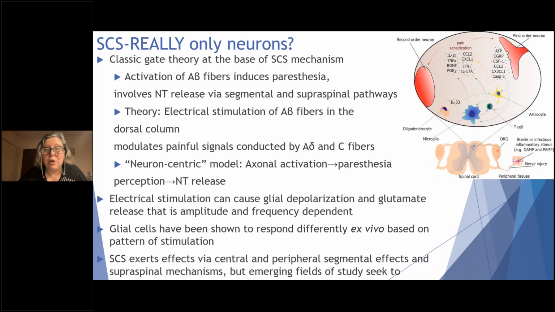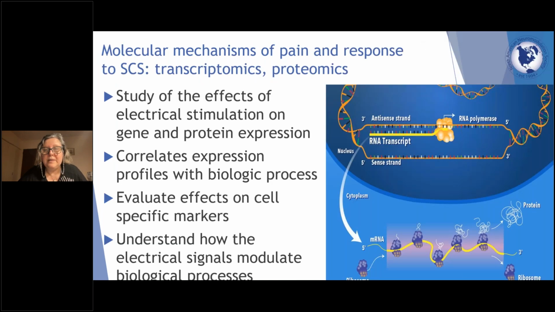Electrical stimulation can also cause glial cell depolarization and glutamate release. So they do respond to those electrical impulses as well.